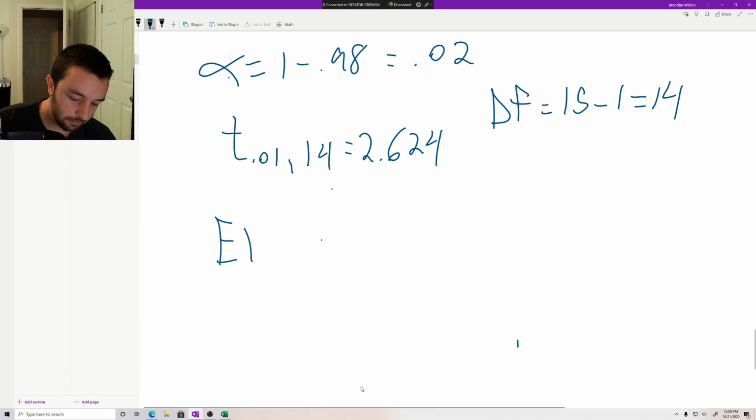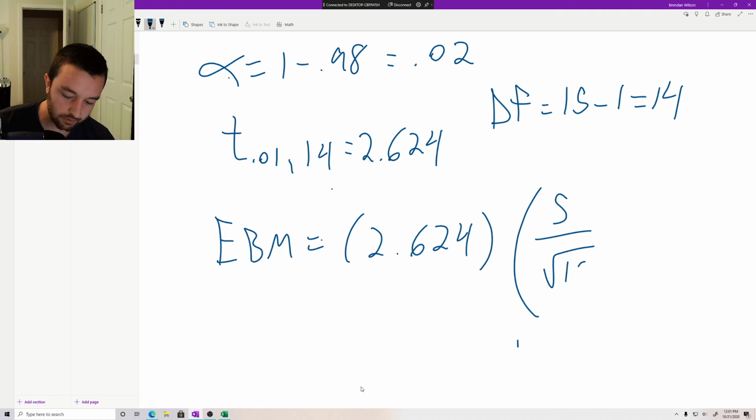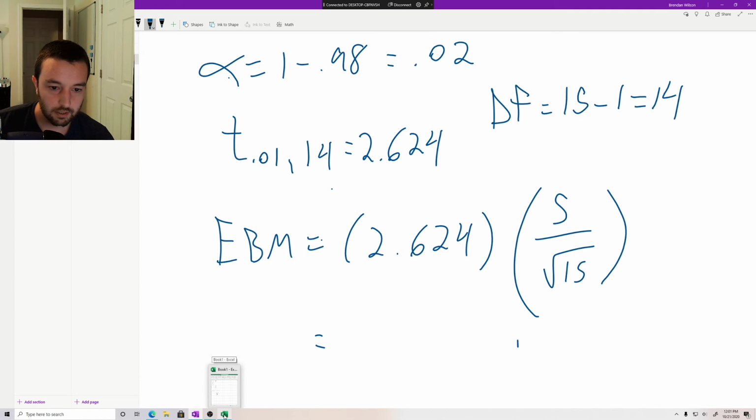So the EBM is 2.624 times the sample standard deviation over the square root of 15. Okay.